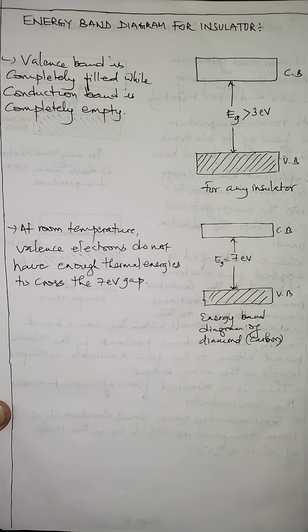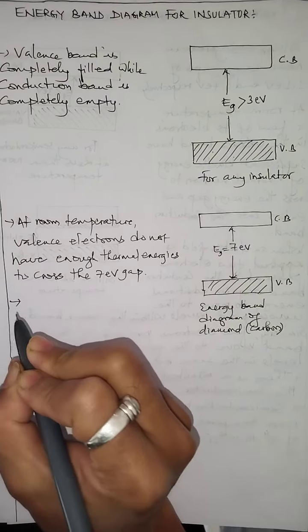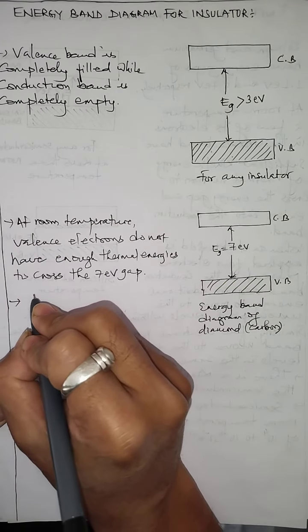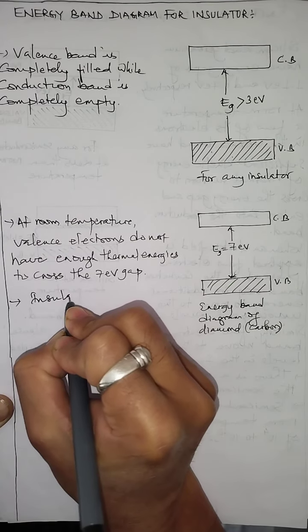So these are the energy band diagrams of an insulator and a semiconductor. Due to this, let me write, the conductivity of an insulator is extremely small. Insulators have extremely small conductivity.